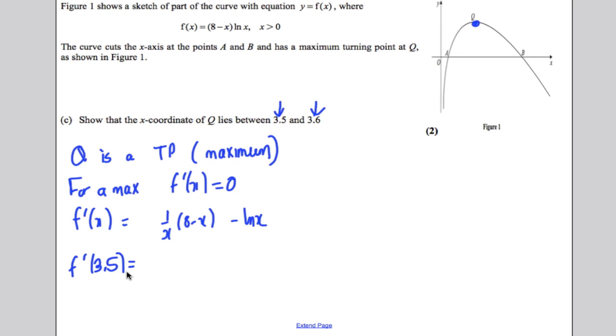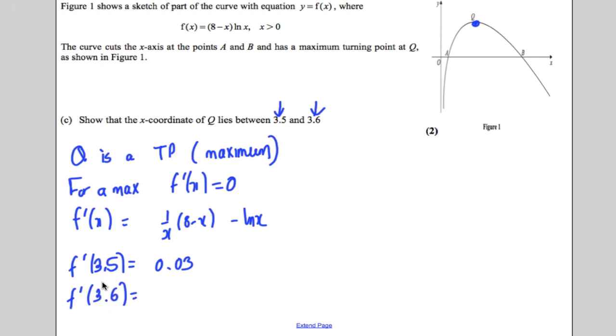You can use your calculator for this if you find it easier. So we're going to firstly put in 3.5. If you put in 3.5, you get 0.03, and if you work out f dashed of 3.6, with a bit of luck you get a change of sign.